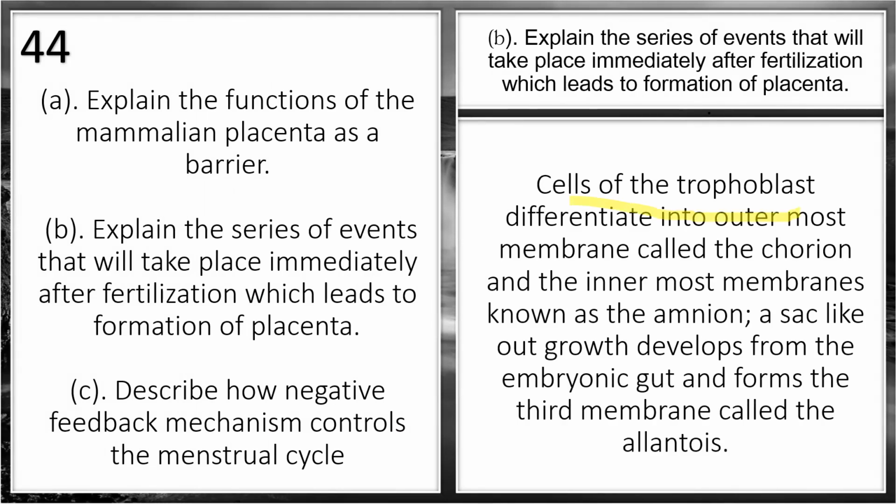Cells of the trophoblast differentiate into the outermost membrane called the chorion and the innermost membrane known as the amnion. A sac-like outgrowth develops from the embryo gut and forms the third membrane called the allantois.